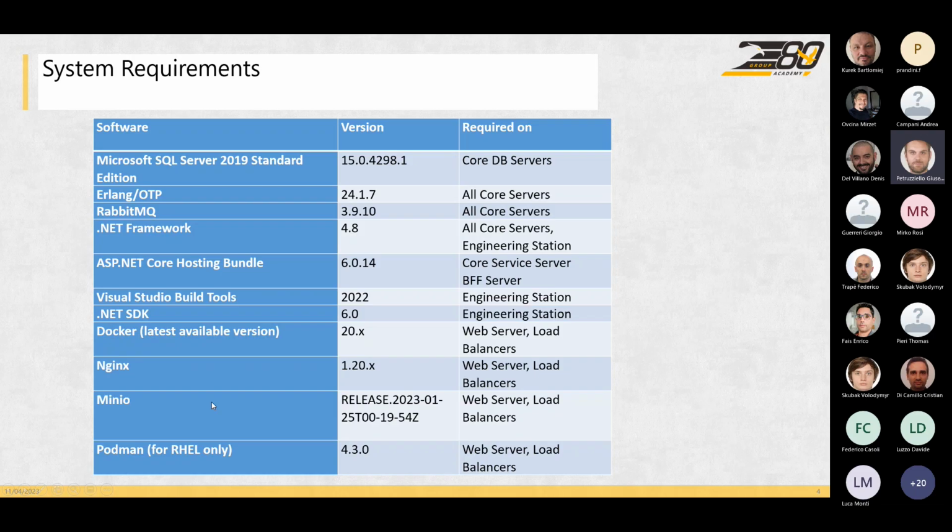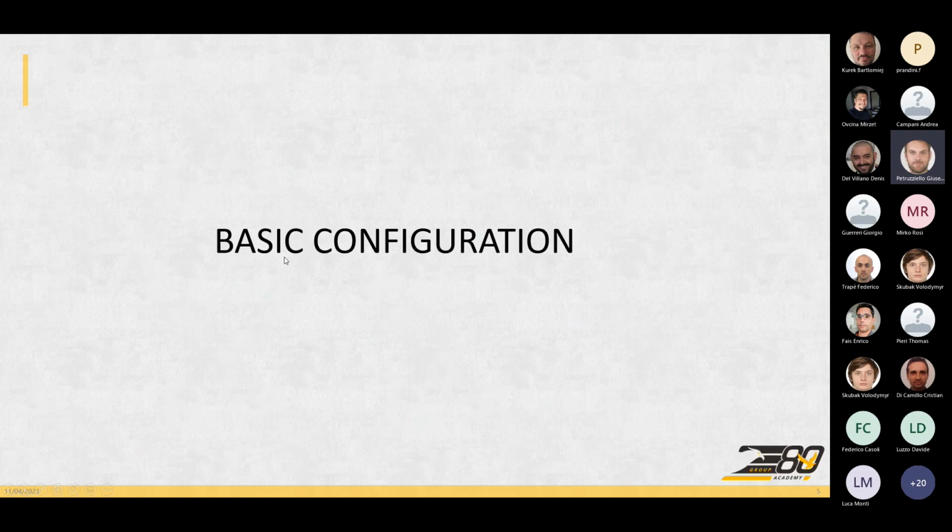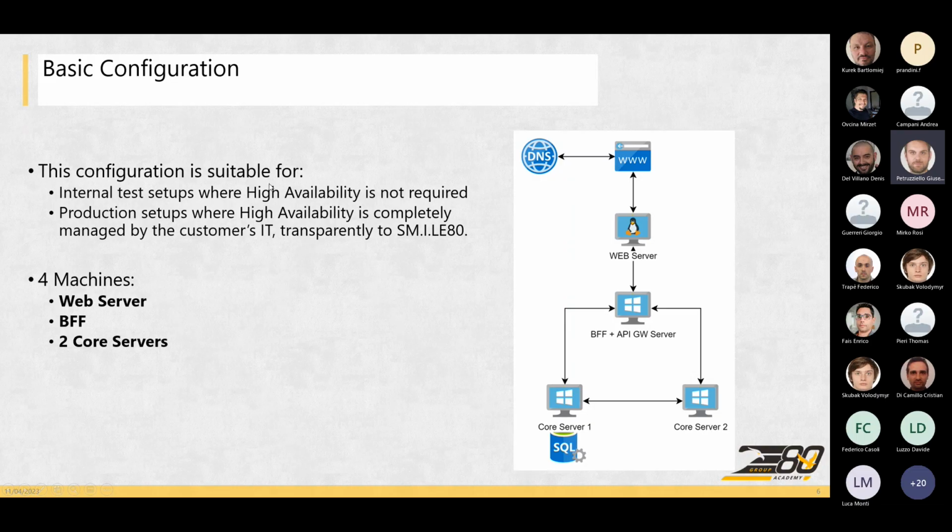So let's talk about the basic configuration. It is the simplest configuration, used especially for internal test setups where high availability is not required, and for production setups where high availability is completely managed by the customer. This solution requires 4 machines.